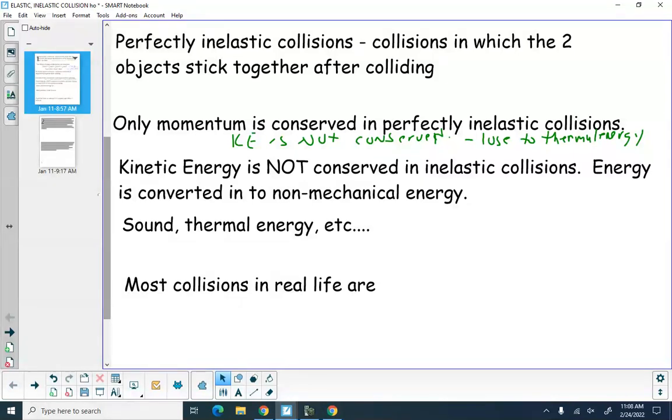Whenever you hear a collision occur, sound waves are going out. Something has to create energy for that sound wave to come out. So you have a non-mechanical energy that is a sound wave.